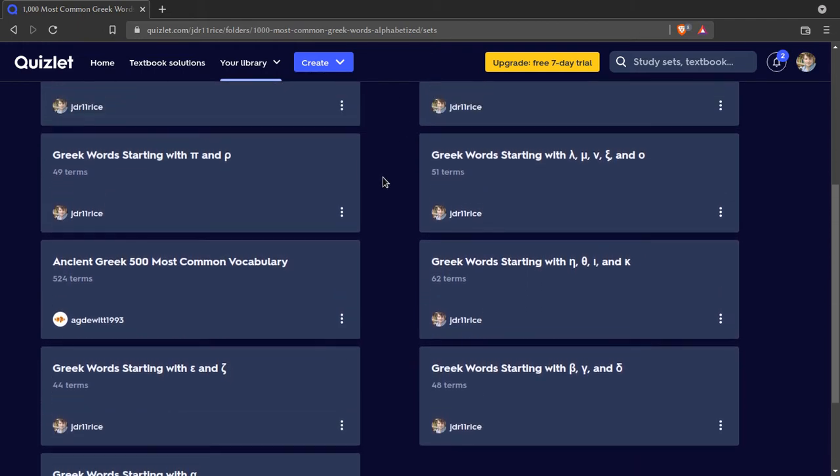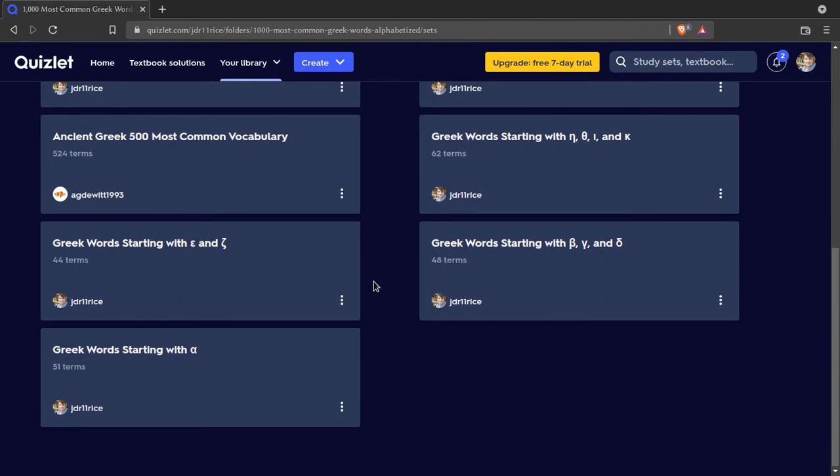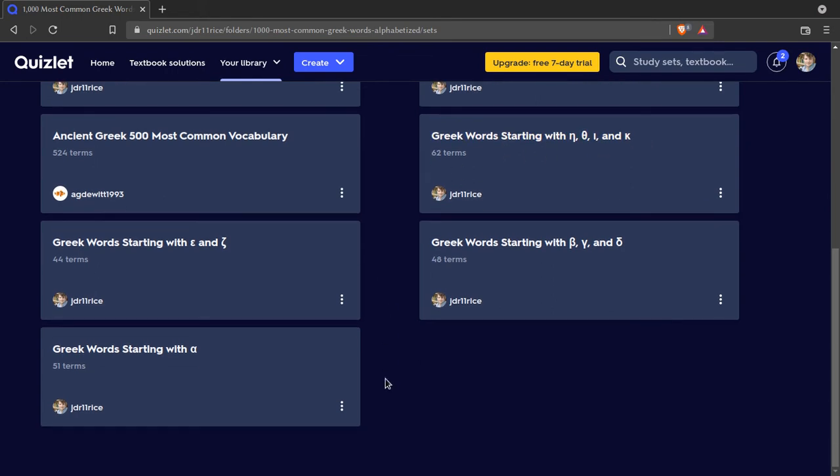First, as you can see, I tell you which letters begin each set of words that begins all of these groups of cards here. So you can see that if you want to study words that have epsilon and zeta, you can go over here. But if you want beta, gamma, and delta, you can go over here. If you want eta, theta, iota, and kappa, then you can go over here.